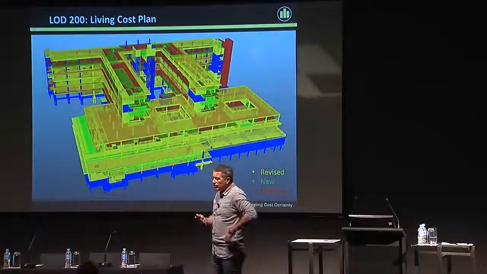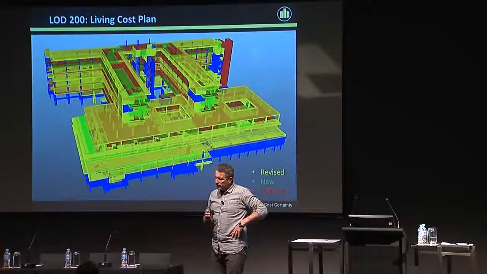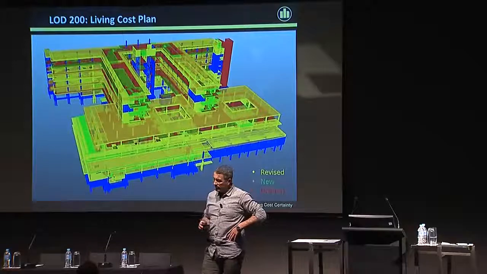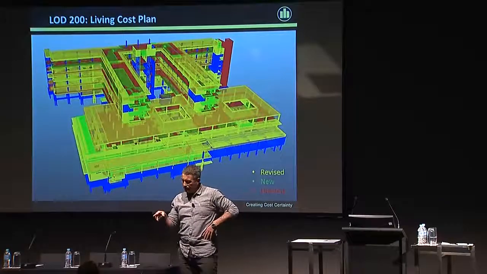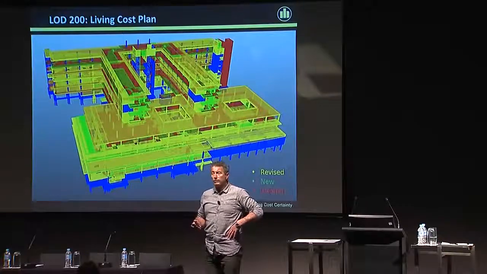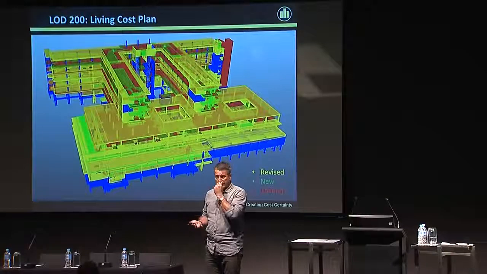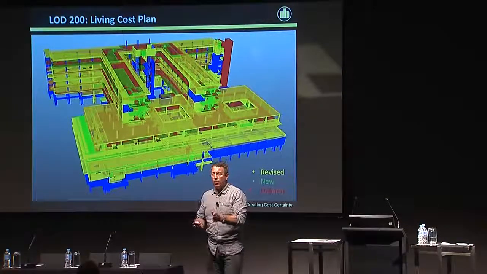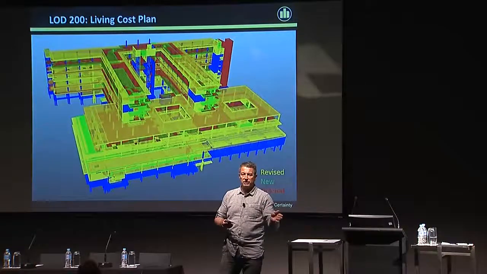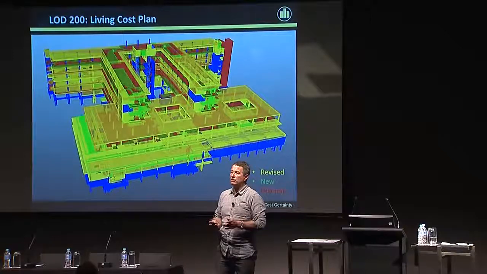In terms of the living cost plan, this is a hospital we're working on at the moment. It's 185,000 square metres. This is looking at one quadrant of it, just the structure. The yellow is revised. Now, as a QS, what we could never do was produce quantities in the traditional format that reflected where the design was today.